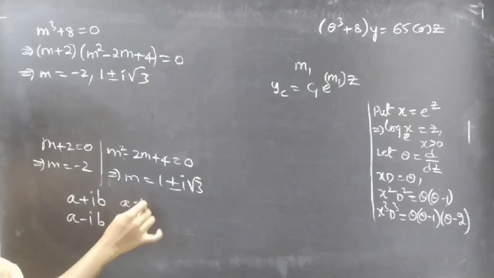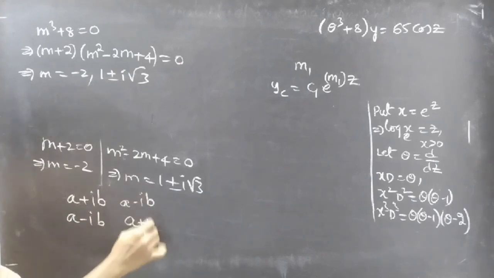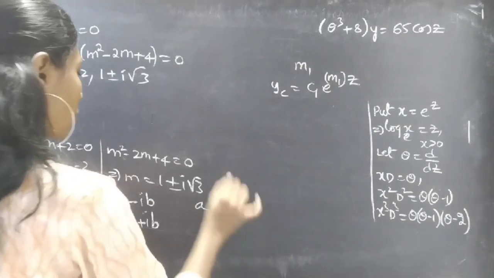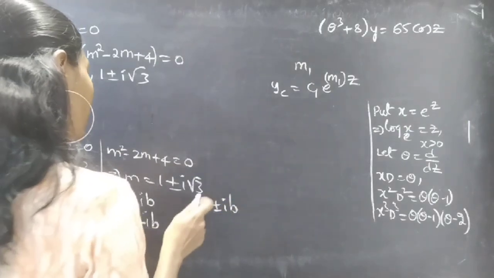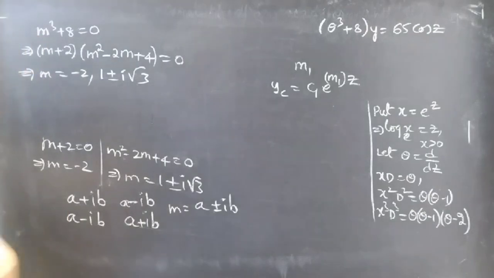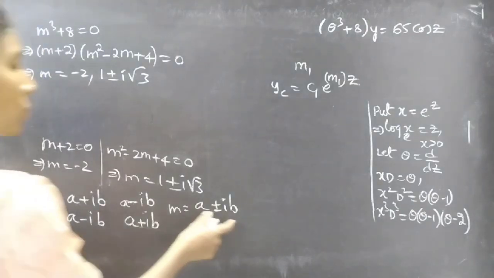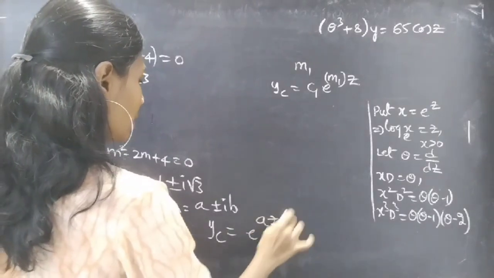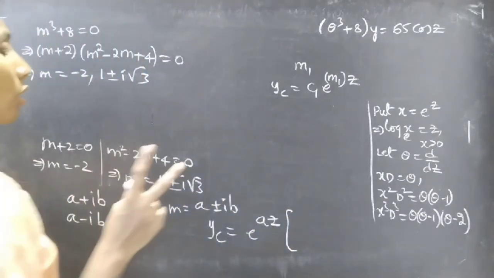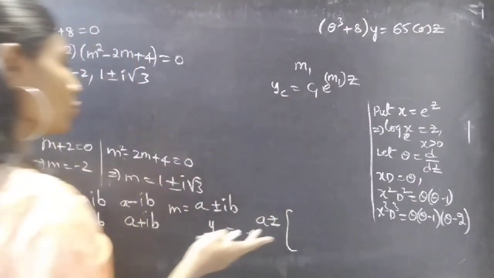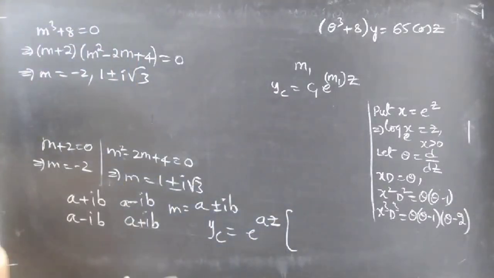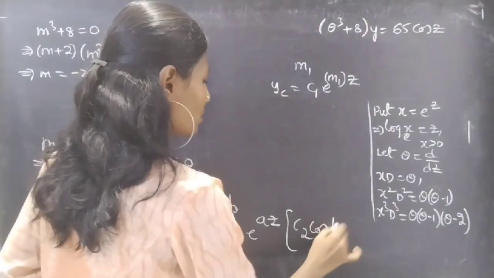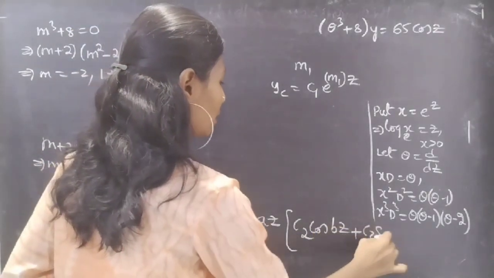Likewise, if a - ib is a complex number, its conjugate is a + ib. So we can call a ± ib a pair of complex conjugate roots. When m = a ± ib, yc looks like e^(az) into, we need two constants. Already we have used c1, so let's take c2 and c3 as another two constants: c2 cos bz + c3 sin bz.